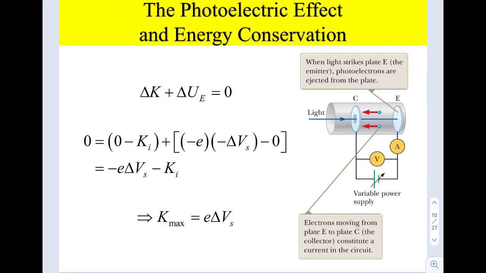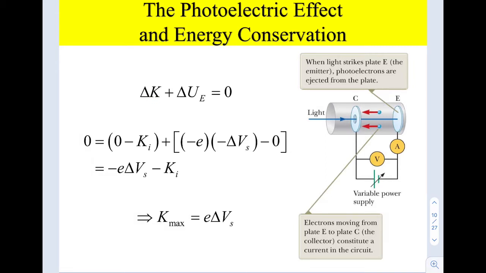In classical physics, the photoelectric effect is treated within the concept of energy conservation. So it says that the sum of the change in kinetic energy plus the change in electric potential energy must be equivalent to 0, because no energy should be created or destroyed based on conservation of energy.